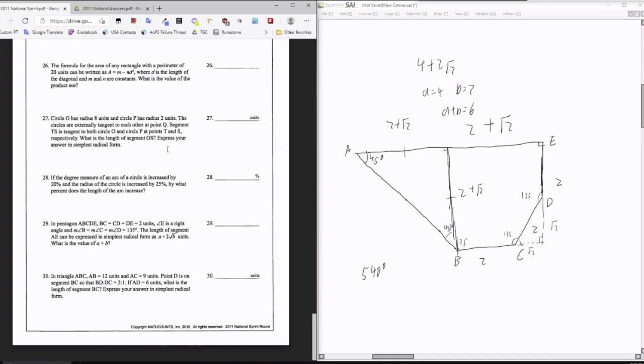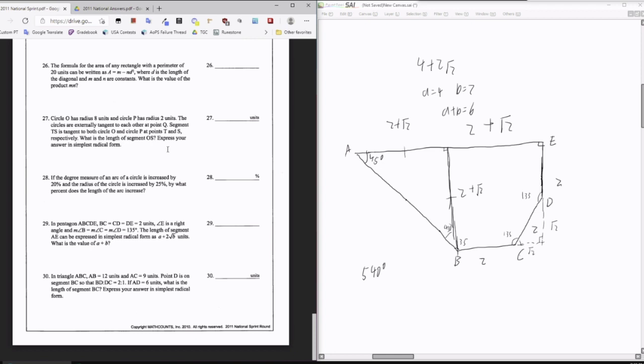If you're looking at the sum of the internal angles of a polygon, there's a formula for that. If the polygon has n sides, then the sum of all of its internal angles will always be 180 degrees times n minus 2.